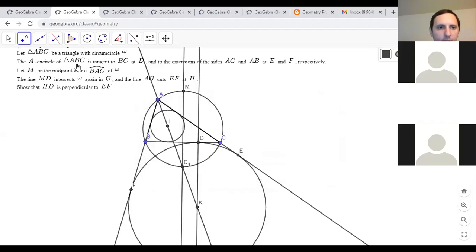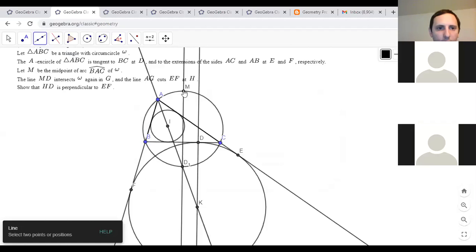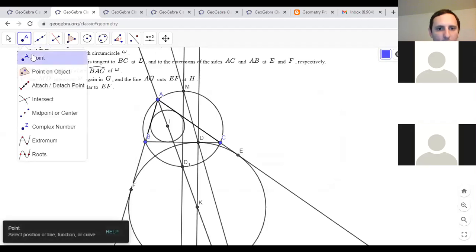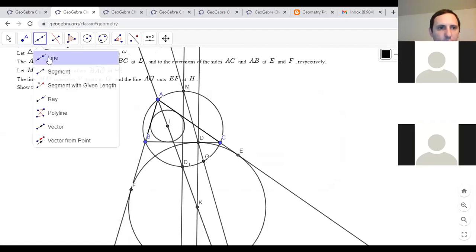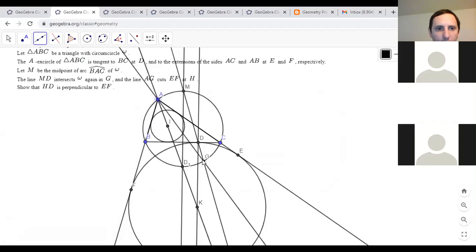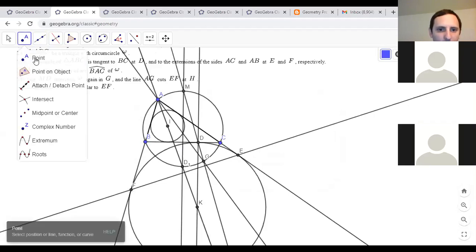Then MD intersects the circle again at G. So this point is G, and AG intersects EF at H. And we want to show that HD is perpendicular to EF. I'm going to make it look nicer, don't worry.